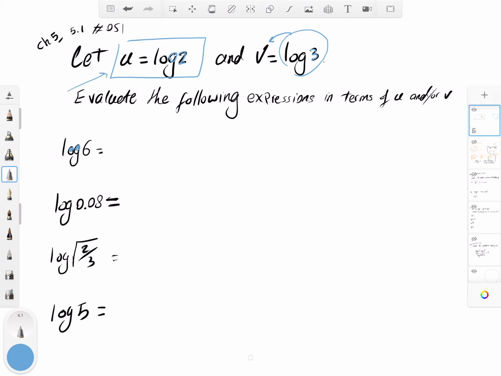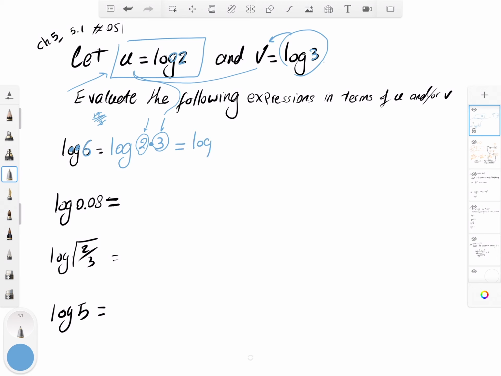Log of 6, this is same as log of, instead of 6, I can put 2 multiplied by 3. So I use 2 and 3 because we have u and v. I didn't say 6 equal to 12 divided by 2. There are so many different ways we can get 6, but I use 2 and 3 because we have some information. So this is a multiplication.